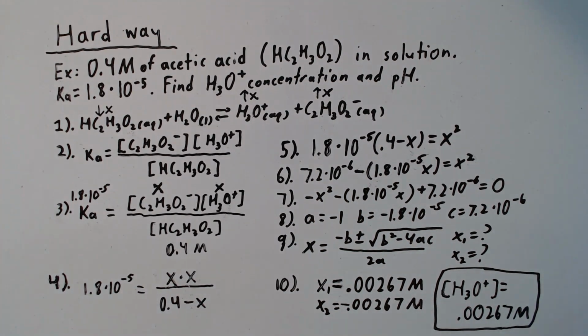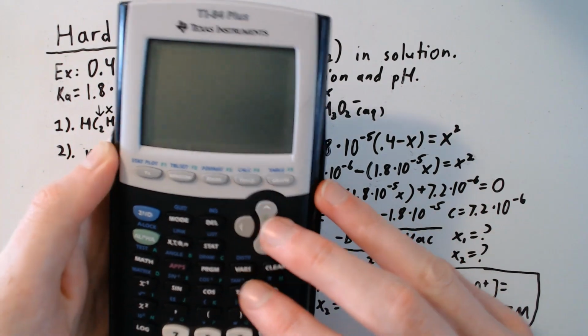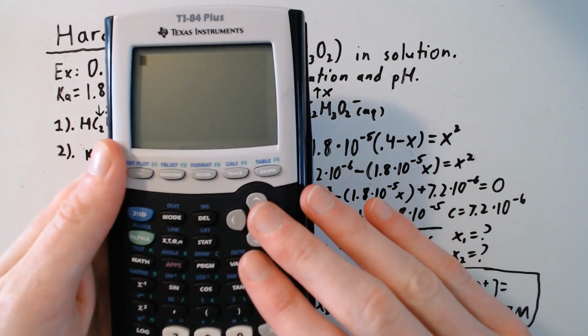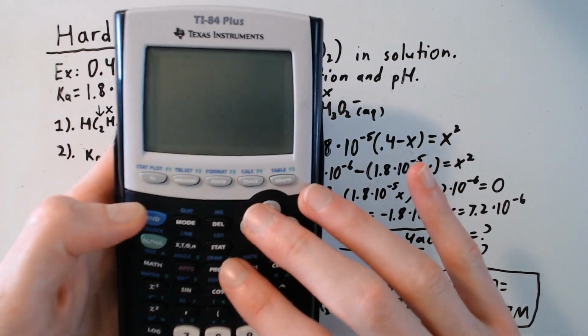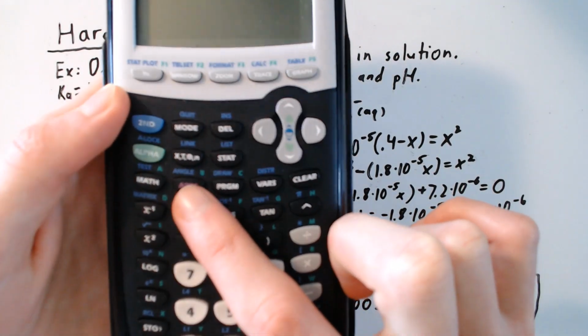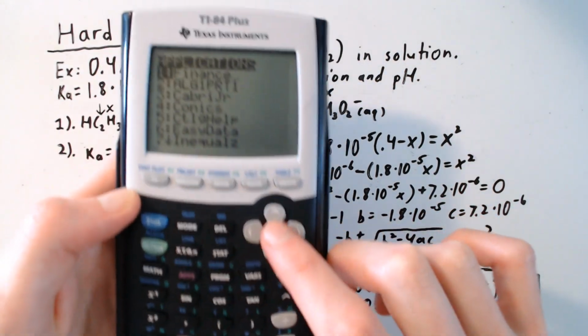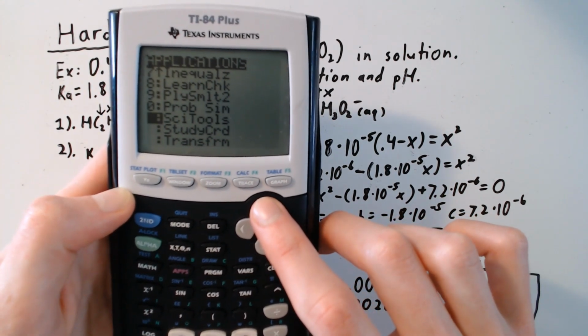Now, on your graphing calculator, there is a similar thing. It depends on which calculator you use, but I believe most of these graphing calculators have this function built in. If you do not have it, I think there's a way of downloading it online. So you have to go to the apps button right here. Once you go to the apps, you scroll up to number 9.